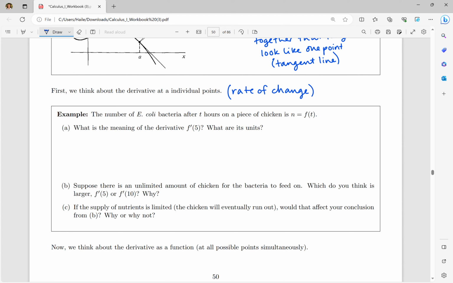Okay, so what does that mean? Well, F prime of 5 is the rate of change of the bacteria population at T equals 5 hours. So at the 5-hour mark, we could say.